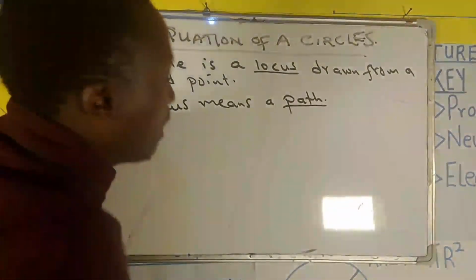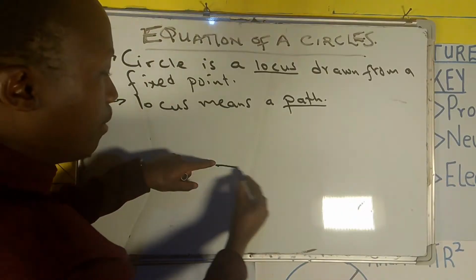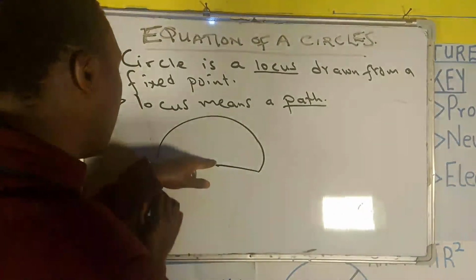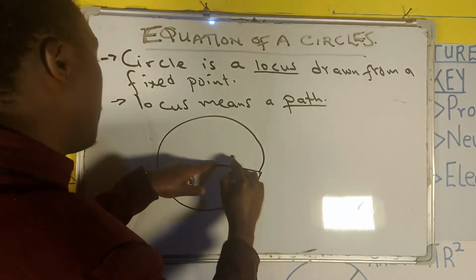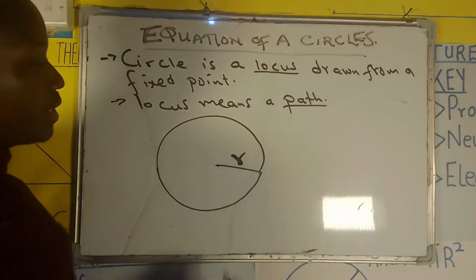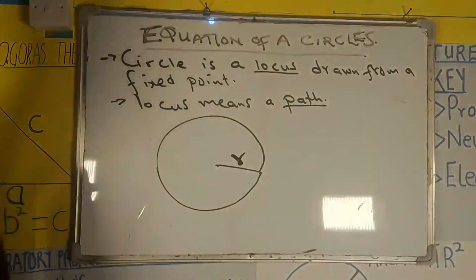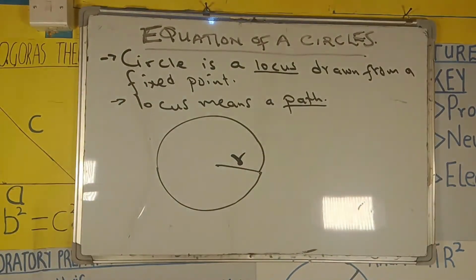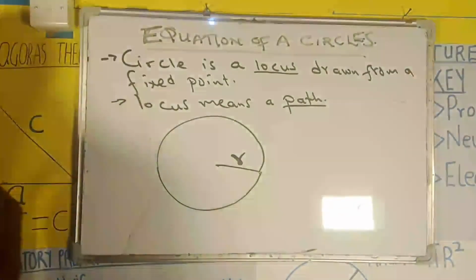So when we have a path that has been drawn from a fixed point, that is what forms a circle. And the fixed point is always the radius. So let me put this camera vizuri ili munipate vizuri.